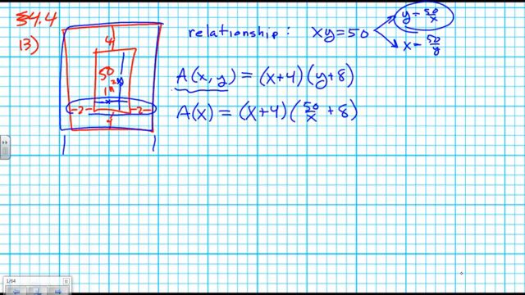How did you get it wrong? Well, no, you just declared the entire width to be x.